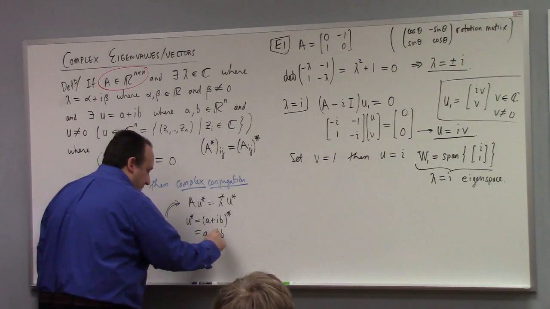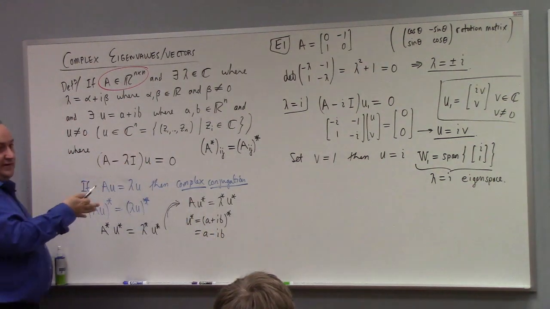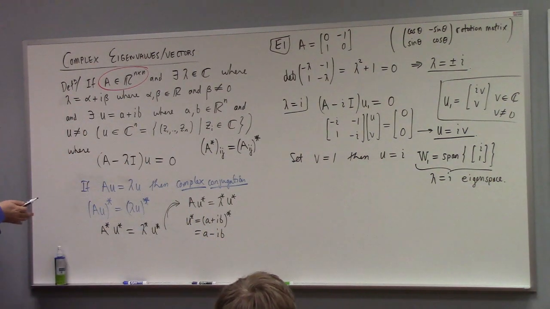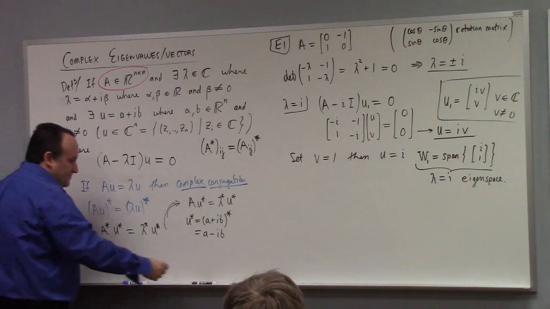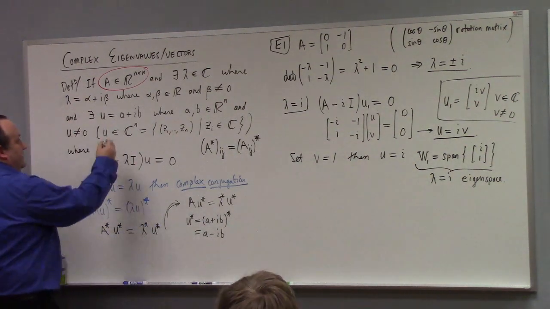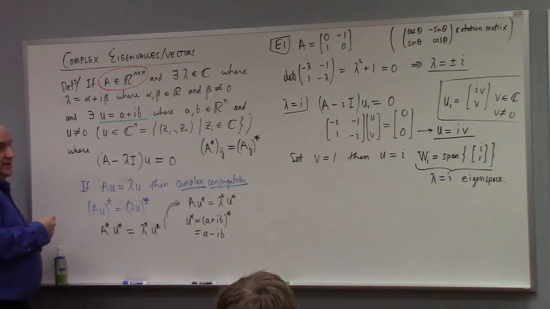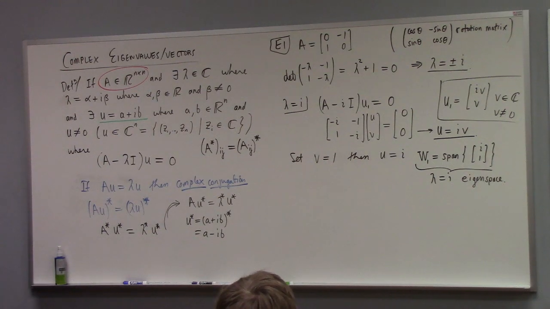A minus ib, because a and b we're assuming are real numbers, right? So the complex conjugate of a vector can be done by flipping the i in the middle to minus i, because a and b are real. That's how complex conjugation works in this notation. And so what does this mean? Well, this means that u star is an eigenvector for A with eigenvalue what?